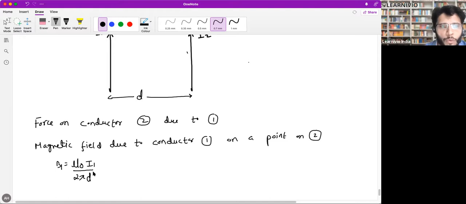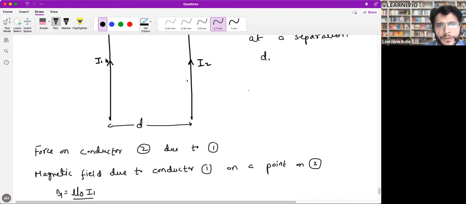Okay, Abdullah, what's the direction of magnetic field which conductor 1 is generating here? Inwards, outwards? Outwards.